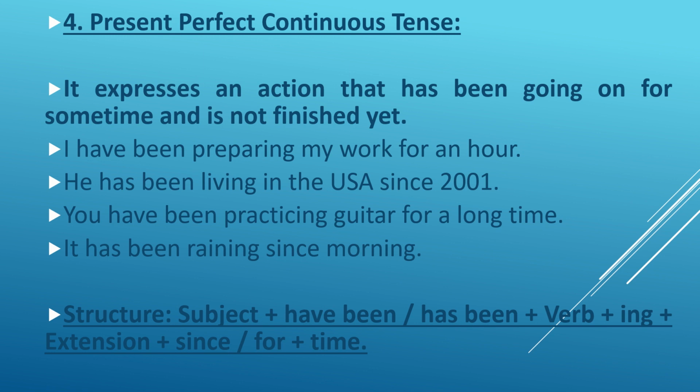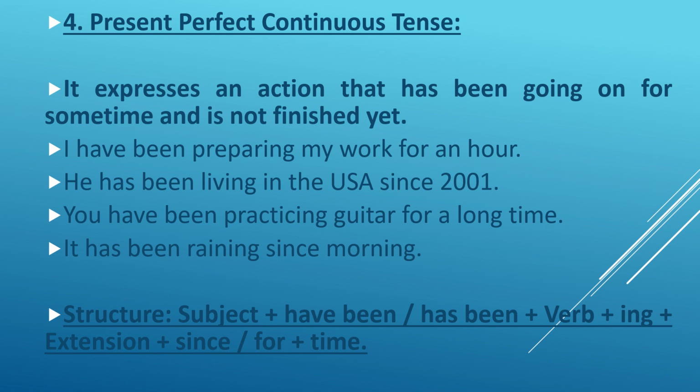For example, I have been preparing my work for an hour. That is, it is still going on now. He has been living in the USA since 2001. You have been practicing guitar for a long time. Last one, it has been raining since morning.